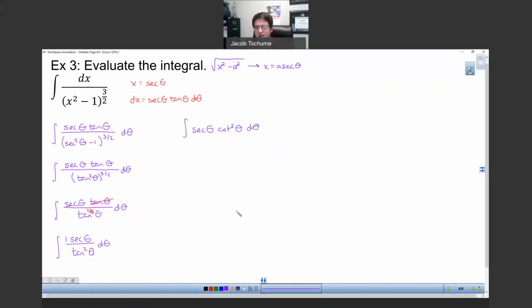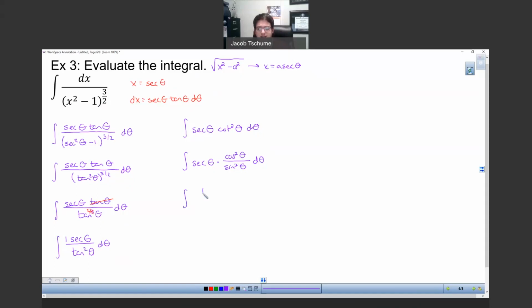All right, not quite there. I know that I can rewrite cotangent squared using a quotient identity. So that would be cosine squared of theta divided by sine squared of theta. Now that I have this in terms of sine and cosine, let's also do the same thing for secant.